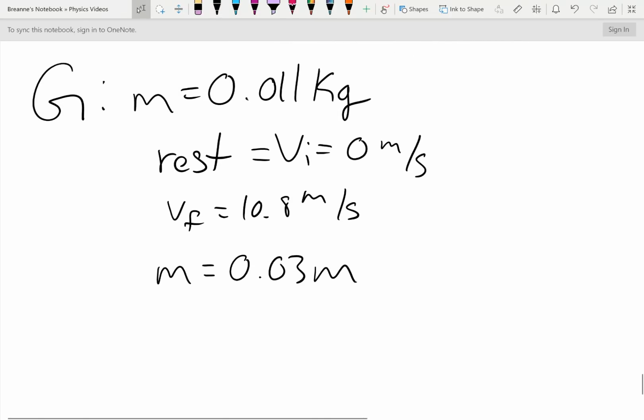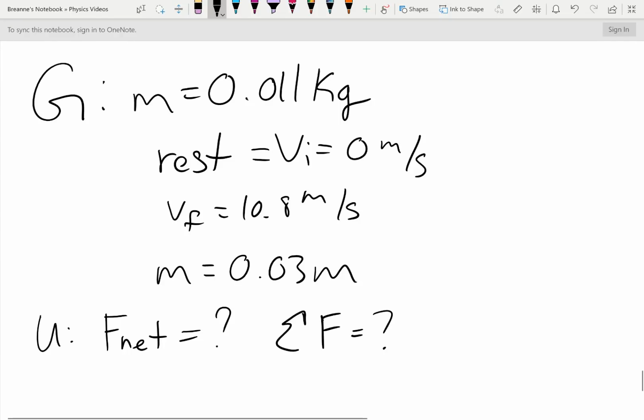And it's looking for net force. So our unknown is net force. Another way to write net force is the sum of the forces. So that's the same thing.